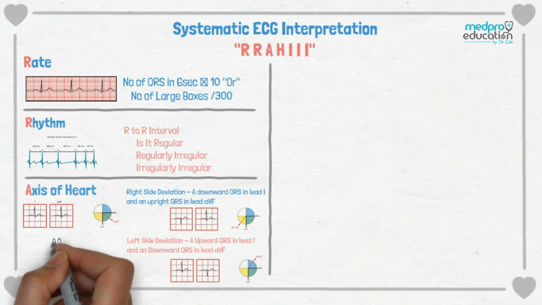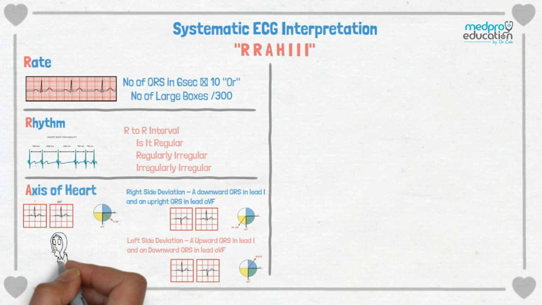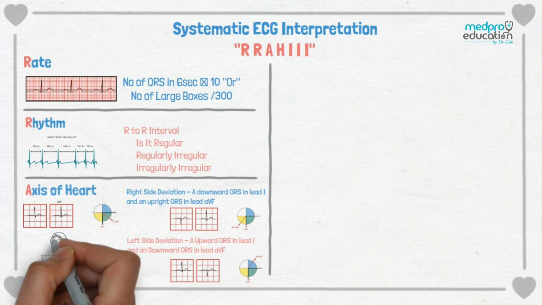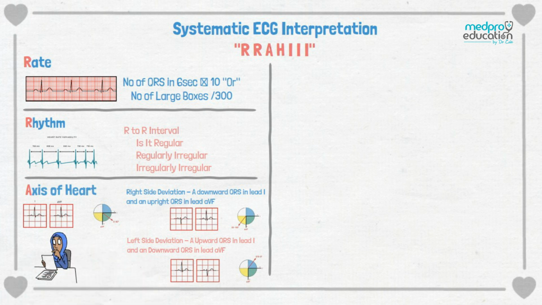Note, if you hold the ECG in your hand, lead I is on your left hand side and lead aVF on your right hand side. If both leads show positive QRS, there is no axis deviation. If either shows negative QRS, there is axis deviation and it's on the positive QRS side.